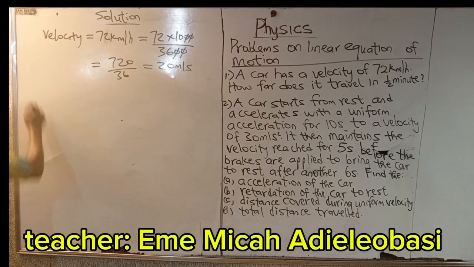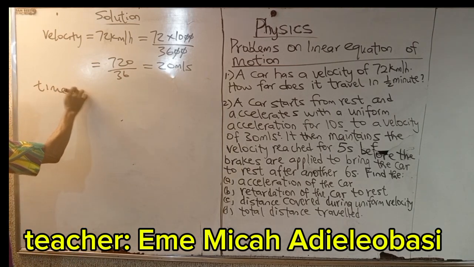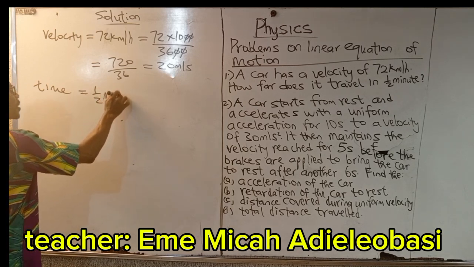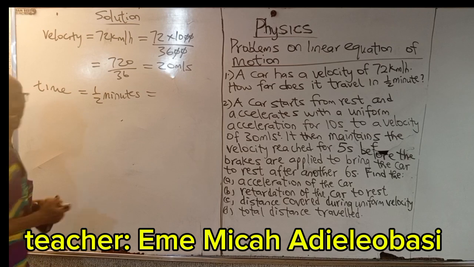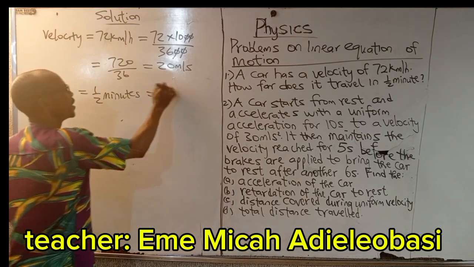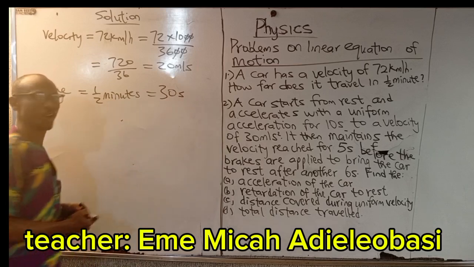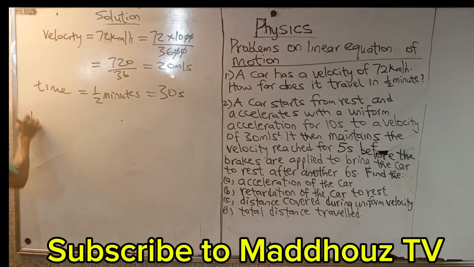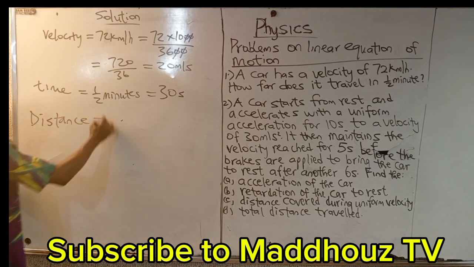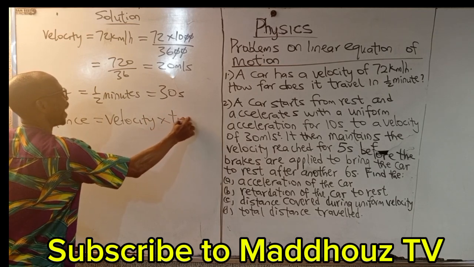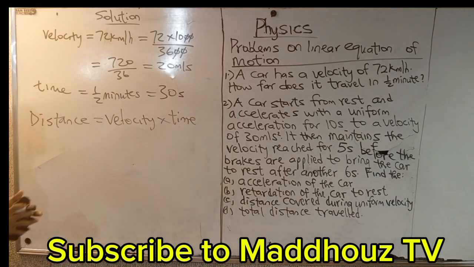Now let's look at our time. Our time is given to us as half a minute. When we convert half a minute to seconds, it becomes 30 seconds. So now let's look at the distance covered. Our distance will be given as velocity times time.